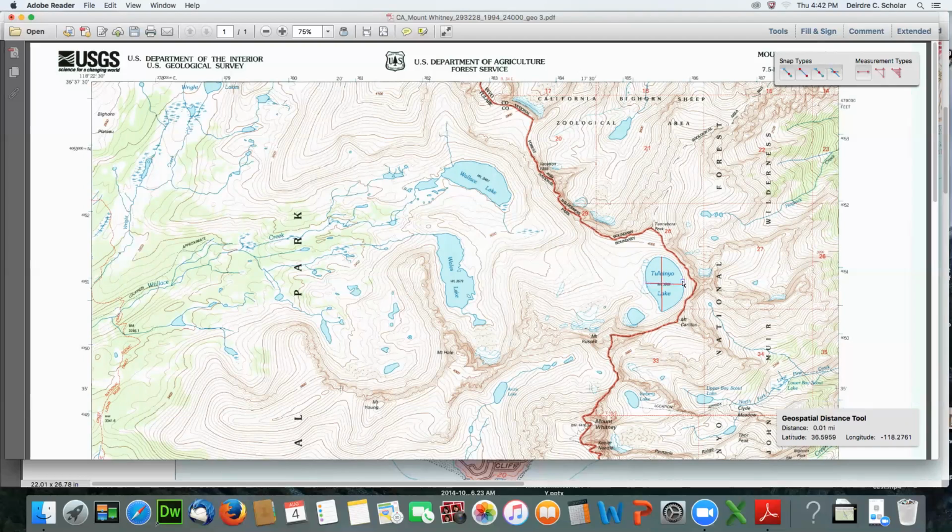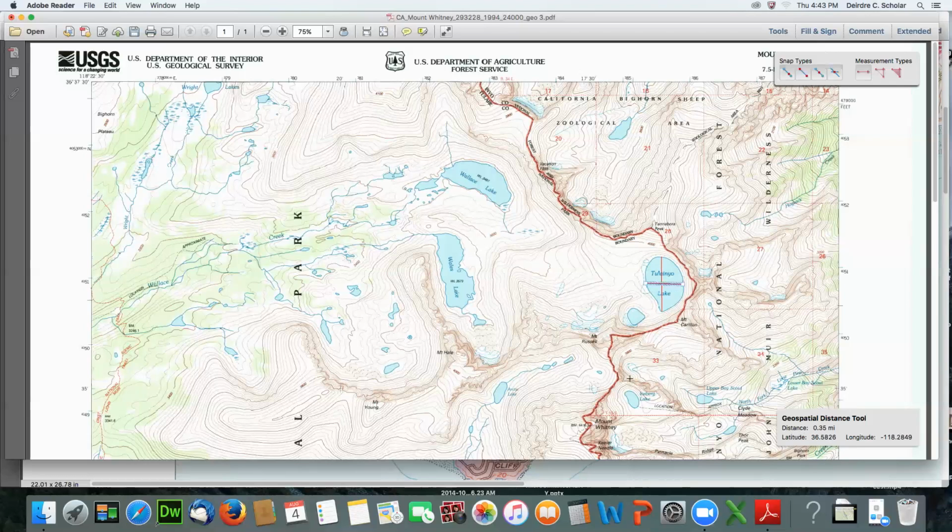Just move it up a little bit. There we go. I'm getting 0.35 miles. Notice that geospatial distance tool measurement box pops up. So 0.35 miles, again, we're going to multiply that by 5,280 to get the width in feet of the lake.